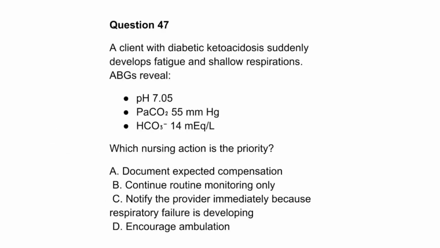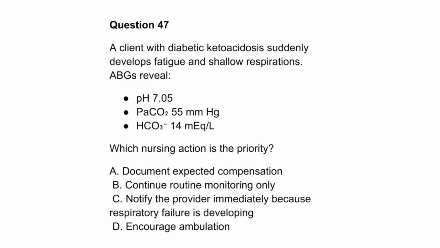Question 47. A client with diabetic ketoacidosis suddenly develops fatigue and shallow respirations. ABGs reveal pH 7.05, PaCO2 55 millimeters of mercury, HCO3 14 milliequivalents per liter. Which nursing action is the priority? A. Document expected compensation. B. Continue routine monitoring only.